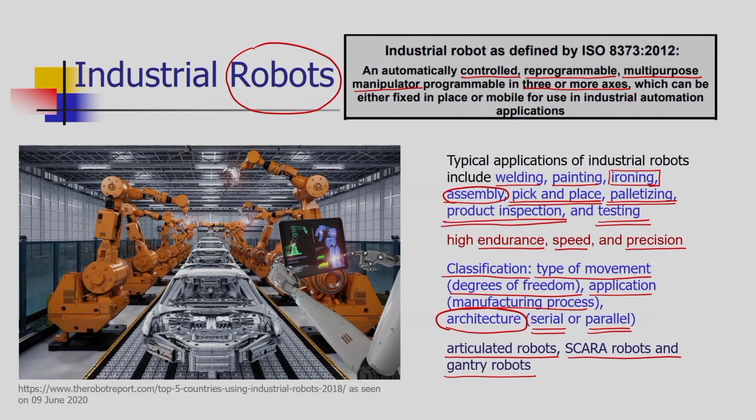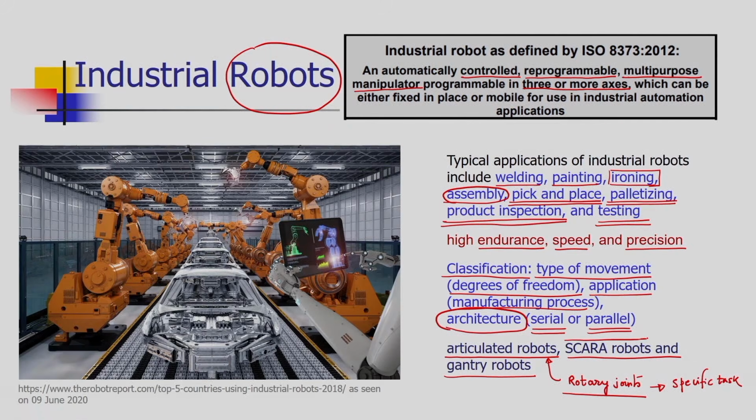So, what is the meaning of the articulated robot? These robots do have rotary joints and they can do specific task which is programmed by the programmer.